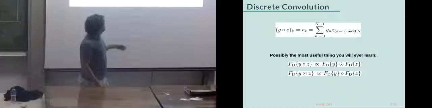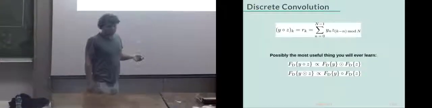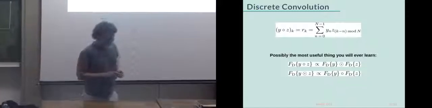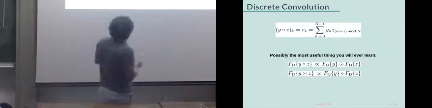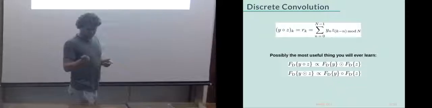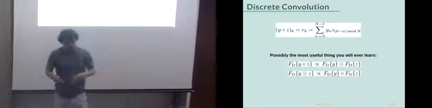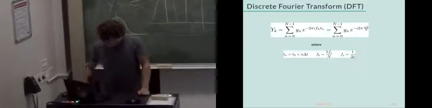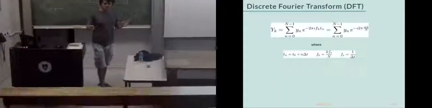But actually, by utilizing the fast Fourier transform, that you're going to become intimately familiar with over the weekend during next week, because that's going to be your assignment, by the way, you can use the fast Fourier transform to very quickly compute convolution. And that's about all I'm going to say about that. Are there any questions so far?